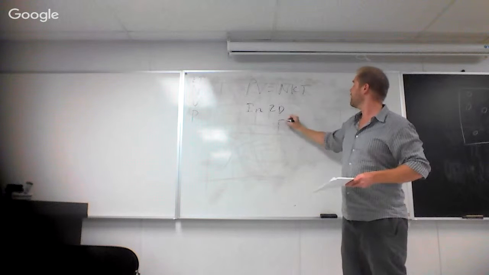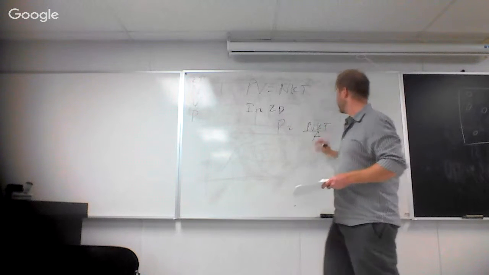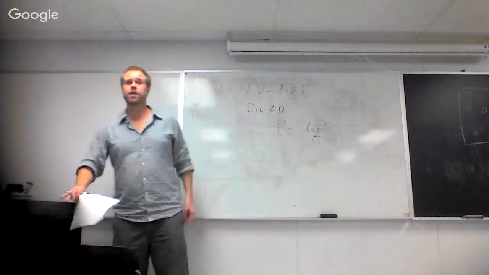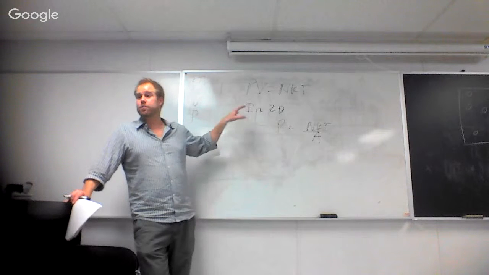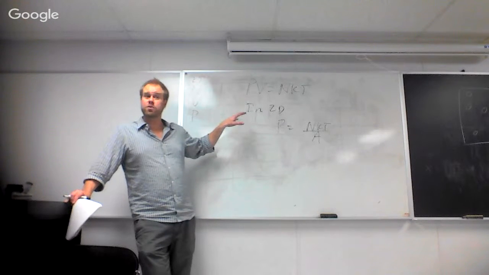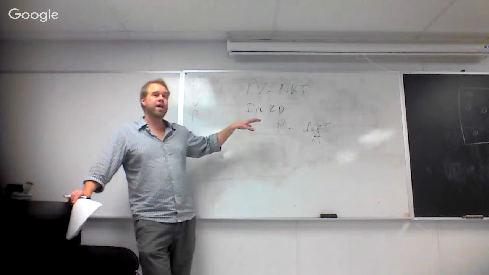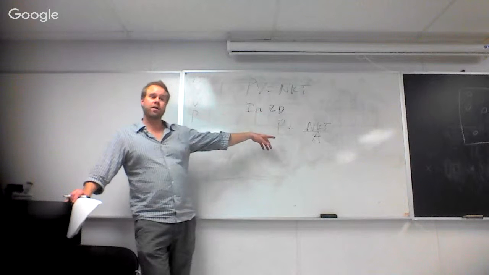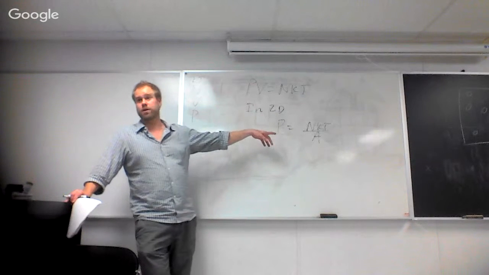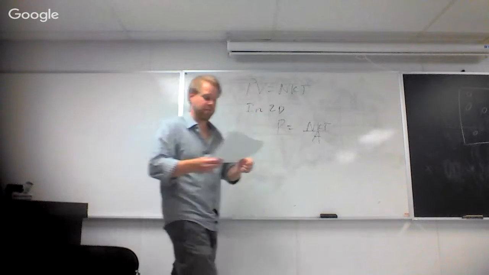So in 2D, we can calculate that the pressure is going to be nkT over A. This makes good sense, right? If we increase the thermal energy, we increase the average velocity squared of the particles, and they're going to hit the walls harder. If we increase n, there's more of them hitting the walls. If we decrease the area, they're going to hit the walls more frequently. So this all makes good qualitative sense on how we expect this to be.